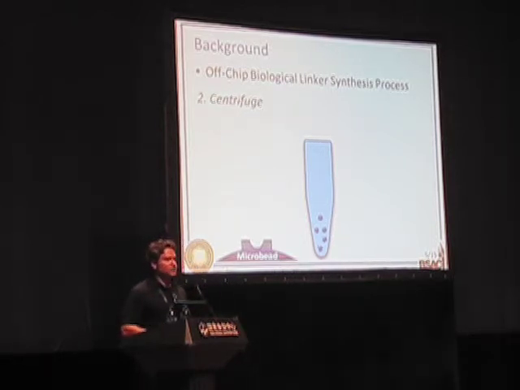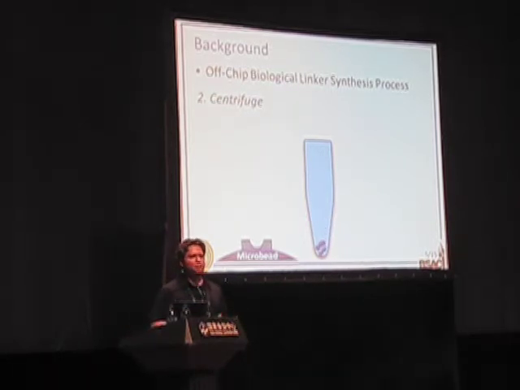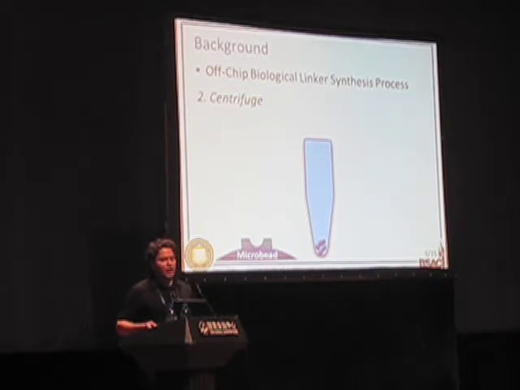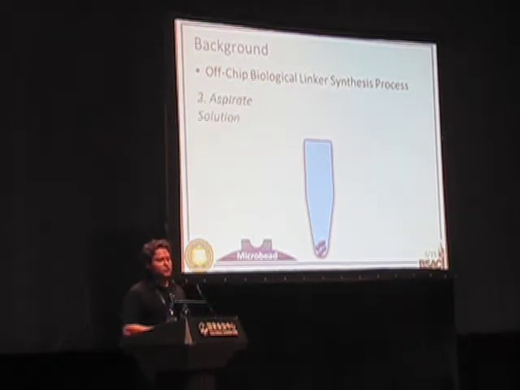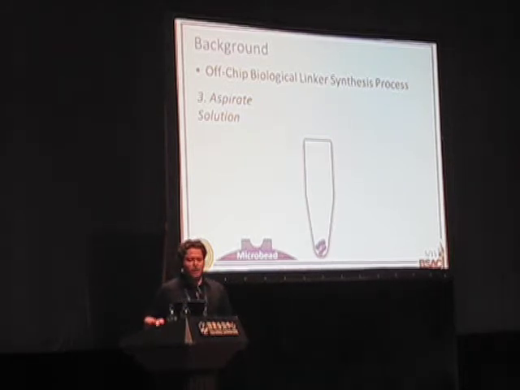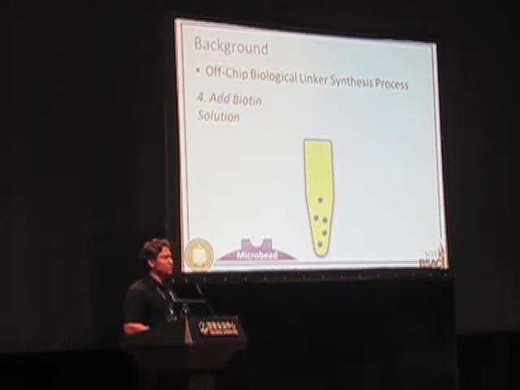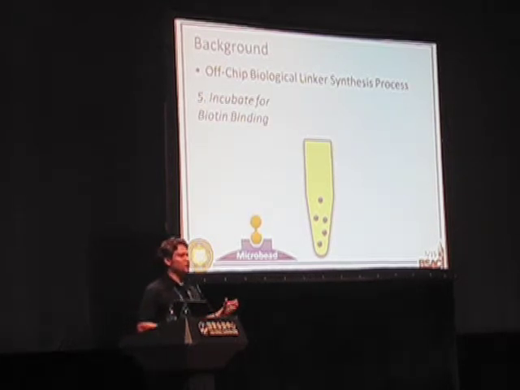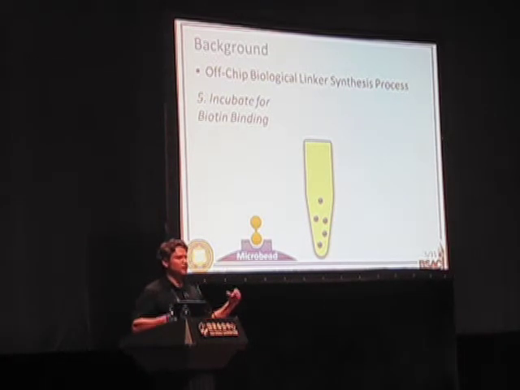Then, we use a centrifuge in order to form a bead pellet. This is done so that afterwards, we can remove all of the excess solution. Thereafter, we can add a solution of biotin, and during an incubation period, the biotin molecules can then bind to the surface of the microbeads via the biotin-streptavidin interaction.